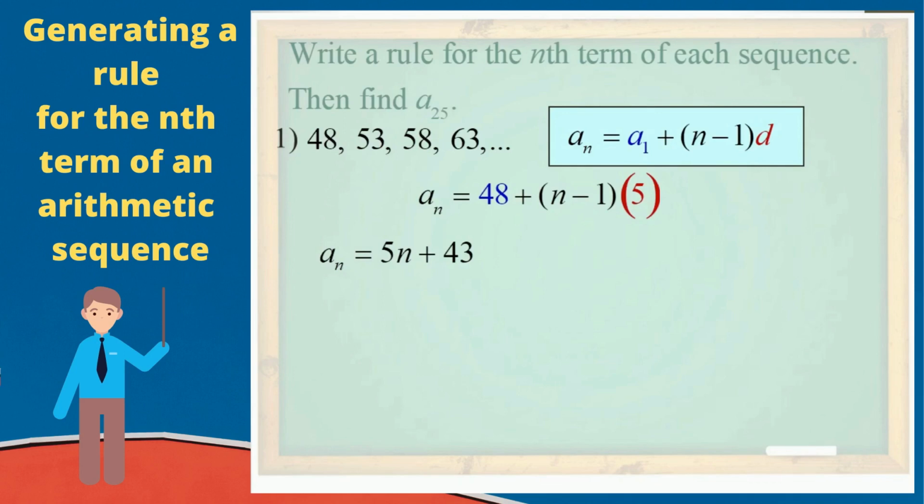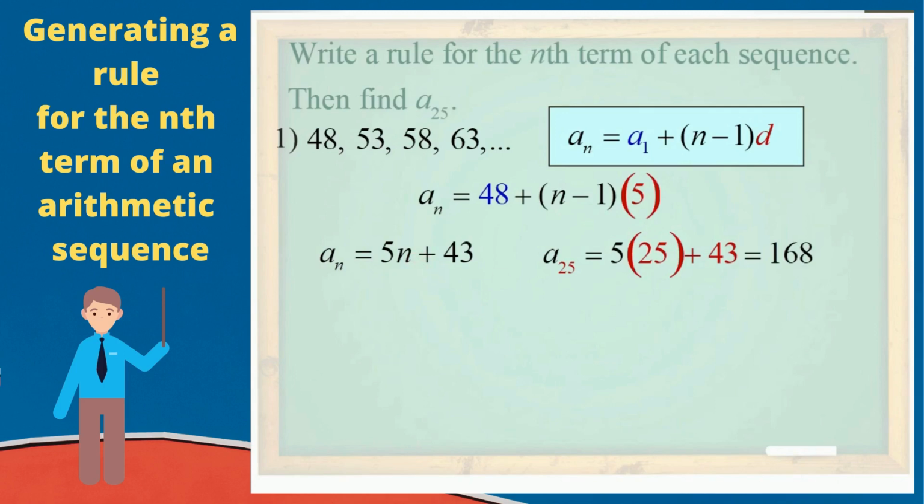Again, the common difference 5, distribute it to each term inside the quantity. So 5 times n is 5n, 5 times negative 1 is negative 5, and 48 plus negative 5 is positive 43. So the rule for the nth term for this sequence is a sub n equals 5n plus 43.